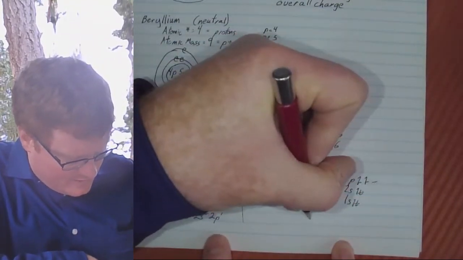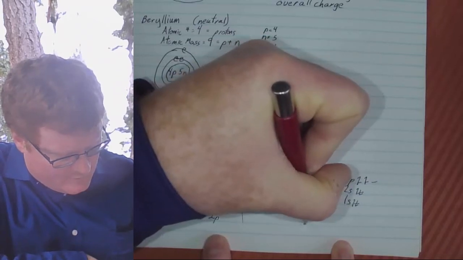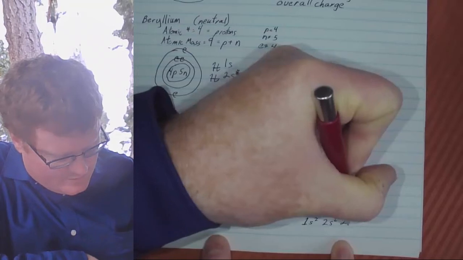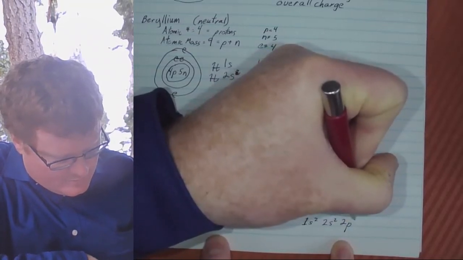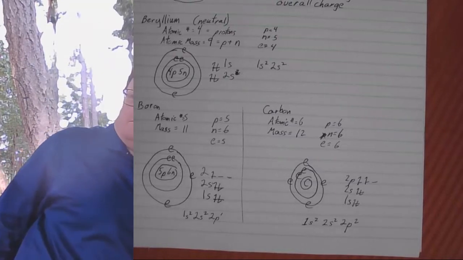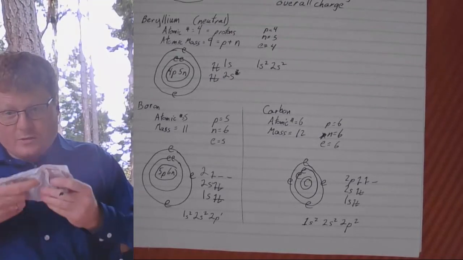All right, so that gives us an arrangement of 1s2, 2s2, 2p2. Now, a future shorthand way.